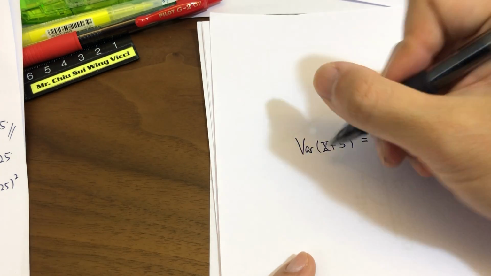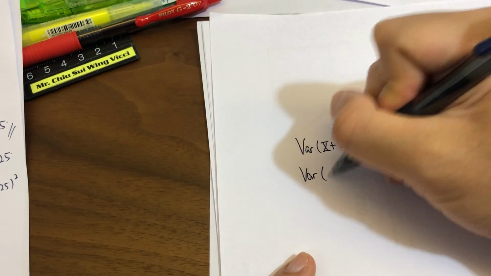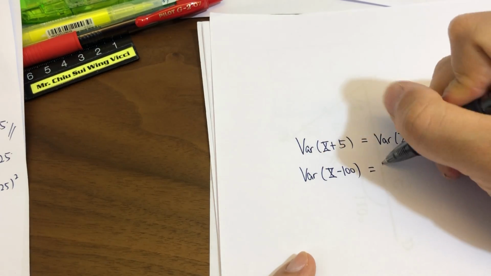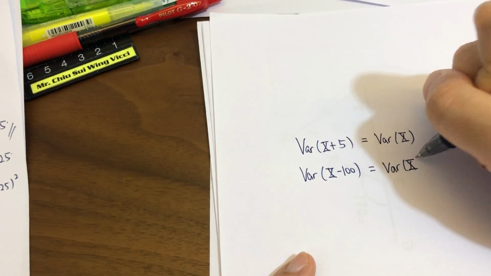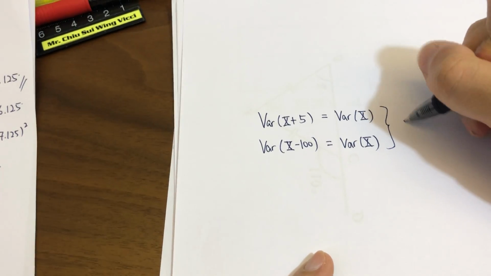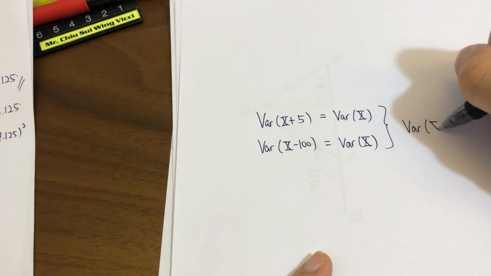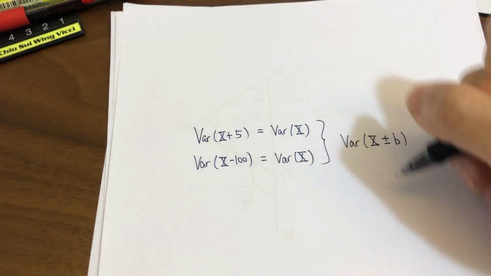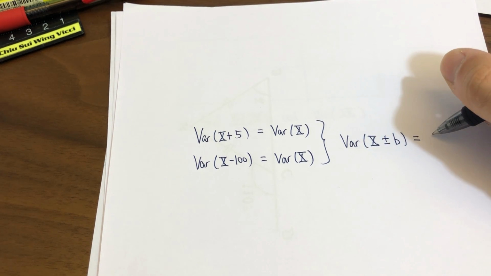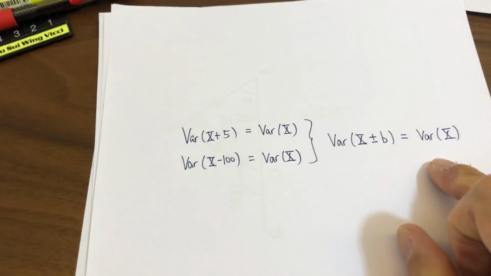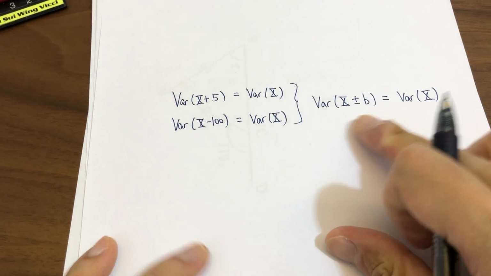And we also find that the variance of x minus 100 is the same as the variance of x. Therefore, we could conclude that when you consider the variance of x, no matter whether you add or minus a constant, the result will still be the variance of x. Okay, so this is the first observation.